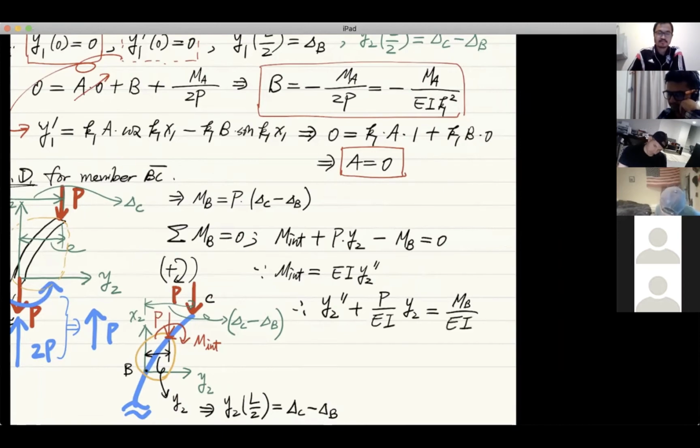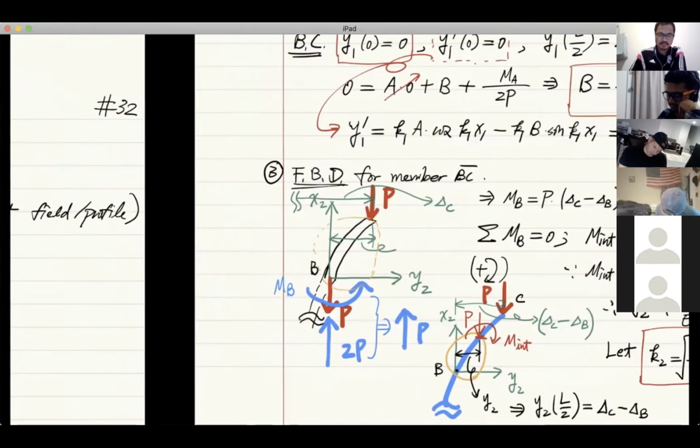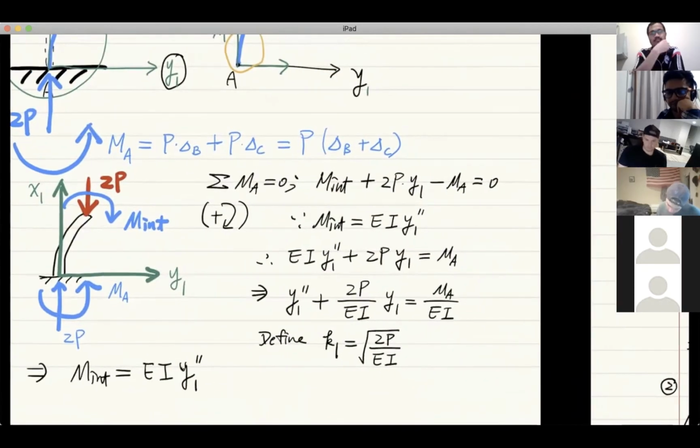And we define another variable. We defined K1 before, now let's define K2. So let's call it K2 is the square root of P over EI. This is another definition. Then we can express that one before. However, let's go back to the first one. The first one, remember, we call it K1 is the square root of 2P over EI.